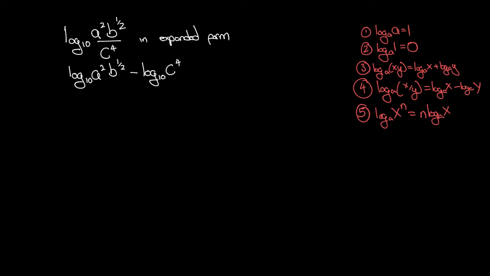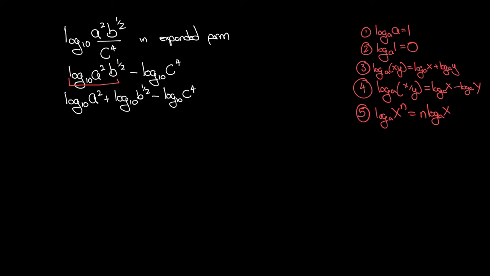The next part, we can see that these two are being multiplied together, and so in this case we can add them. Log base 10 of a to the power of 2 plus the log base 10 of b to the power of 1/2 minus the log base 10 of c to the 4th.